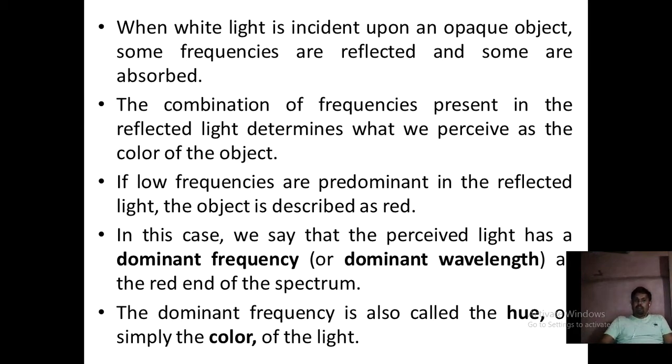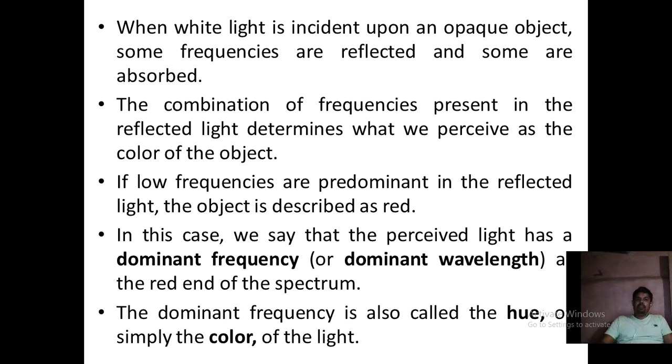If low frequencies are predominant in the reflected light, the object is described as red. Normally the red light is towards 3.8 × 10^14 hertz. If the low frequencies are predominant, meaning they are dominant in the light reflecting towards your eye, then the object is described as red, right?